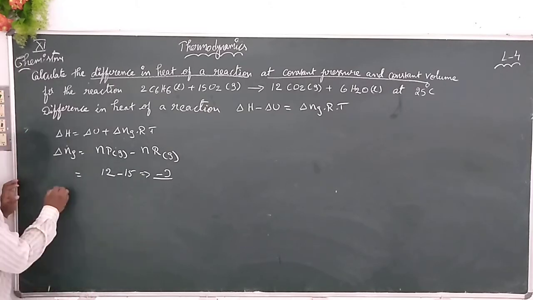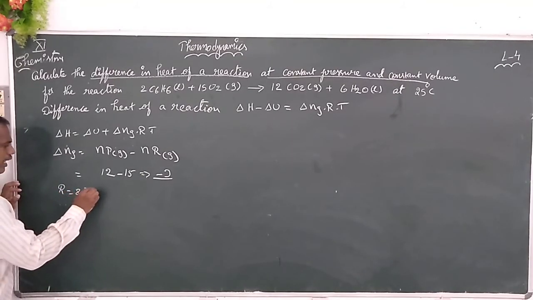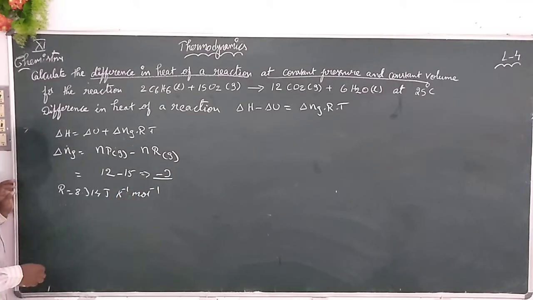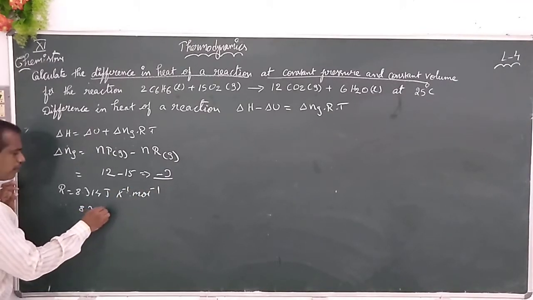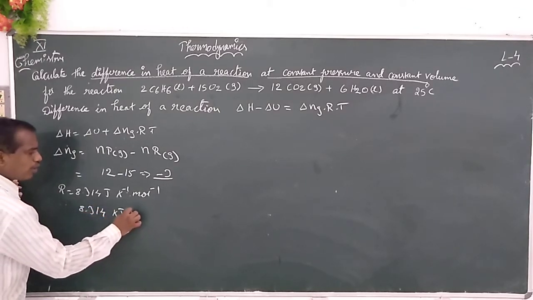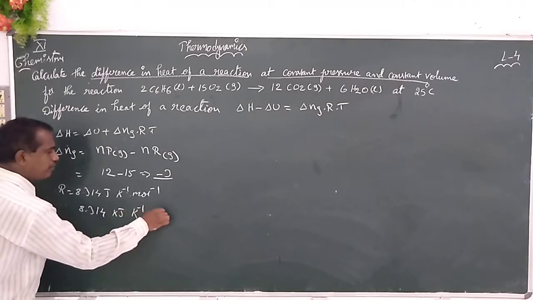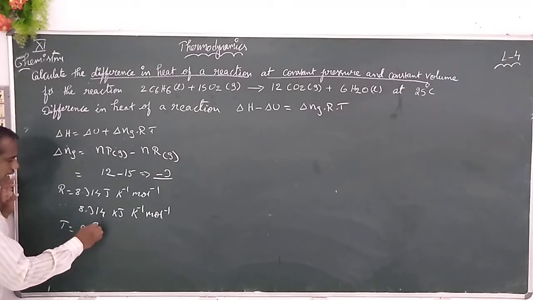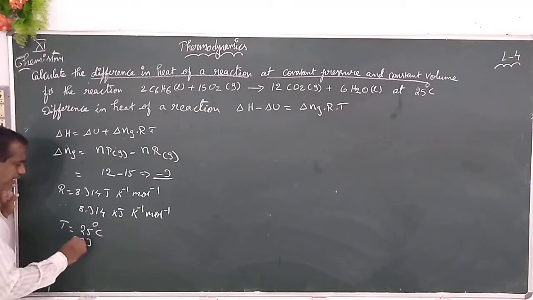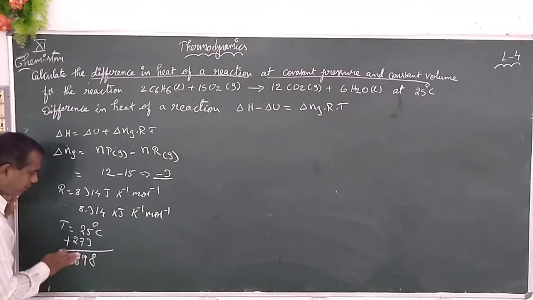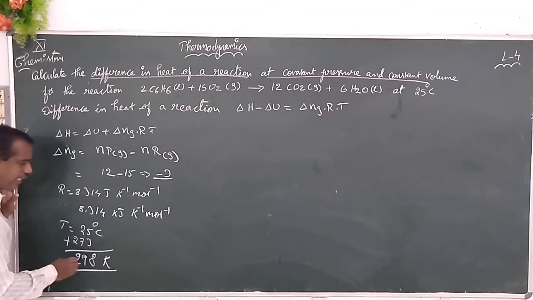How about the R value? R value is equal to 8.314 joule Kelvin inverse mole inverse, or you can use 8.314 kilojoule Kelvin inverse mole inverse. Then what is the temperature given? 25 degrees Celsius. So you need to add 25 plus 273, that is 298 Kelvin.